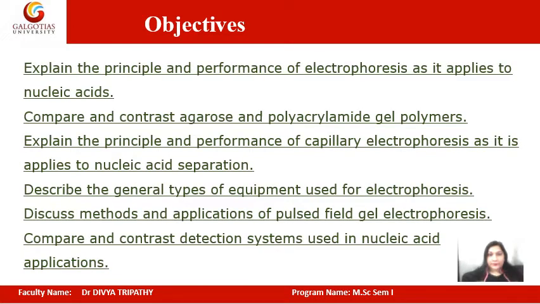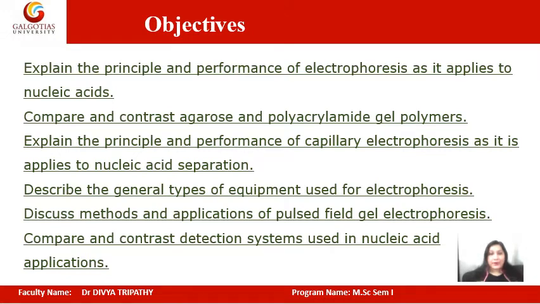Now, what are the objectives, or you can say learning outcomes, of this lecture? After the end of this lecture, you will be able to explain the principle and performance of electrophoresis as it applies to nucleic acids. You will be able to compare and contrast agarose and polyacrylamide gel polymers.